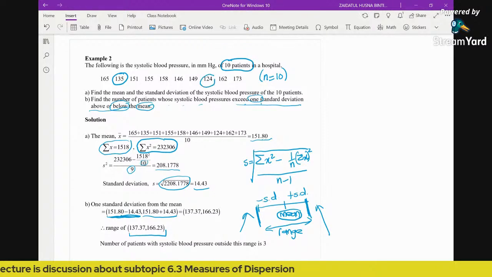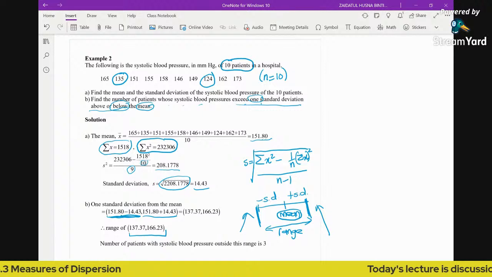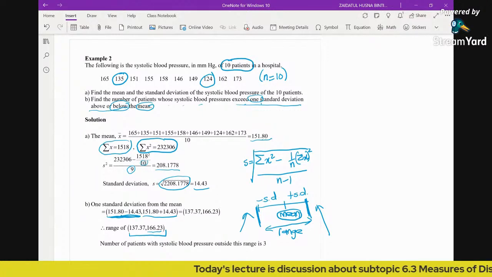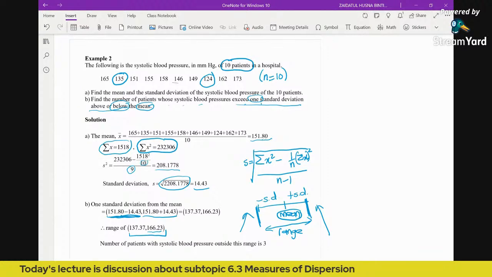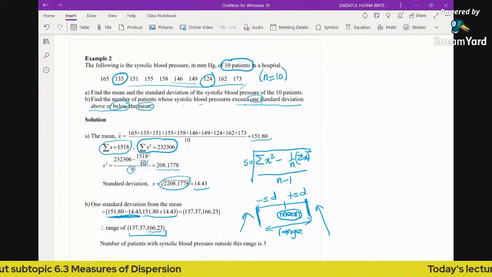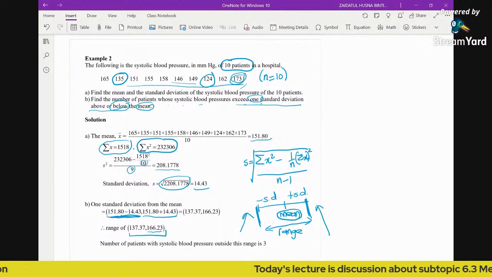And here also 124 is outside the range, because it's lower than 137. Then what about the upper range here? The maximum value is 166. By glancing through the readings, you can see that there is one more value which falls outside the range, because 173 is bigger than 166.